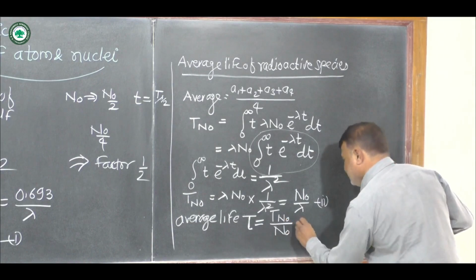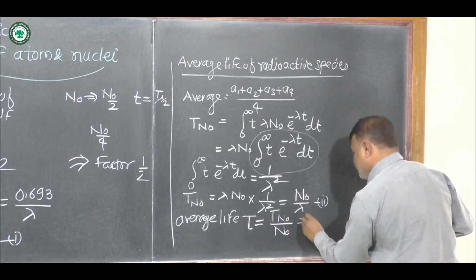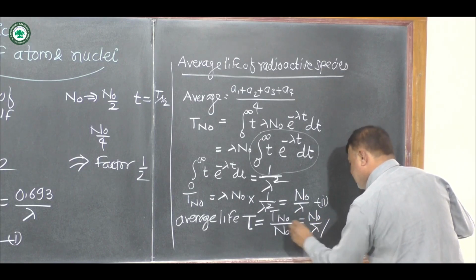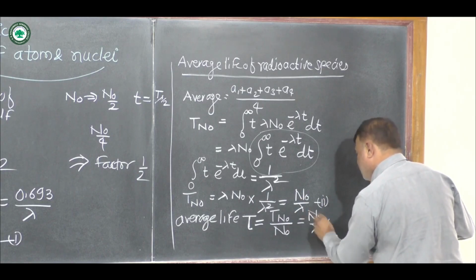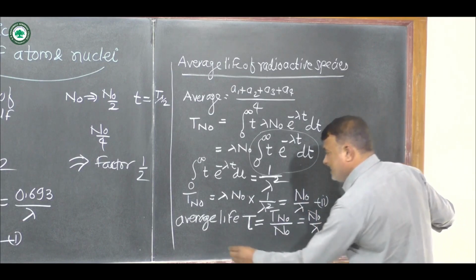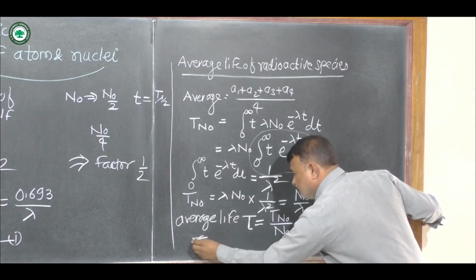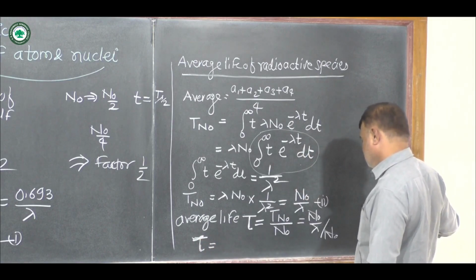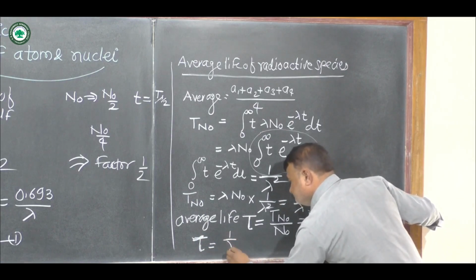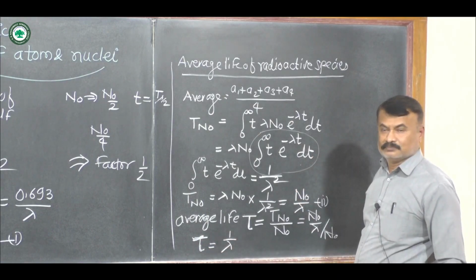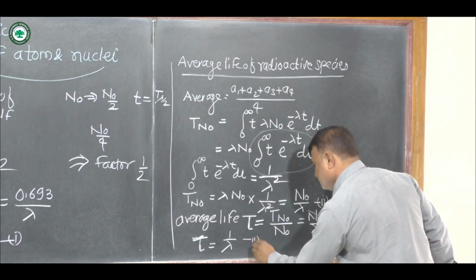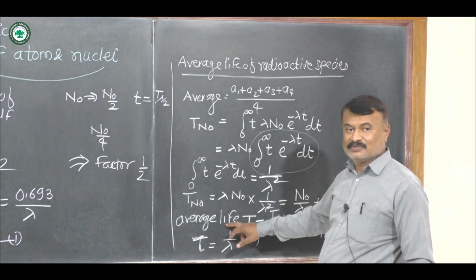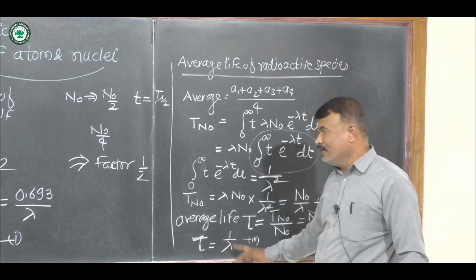In that case T n naught is n naught upon lambda, upon this n naught. So n naught gets cancelled and the average time tau is equal to 1 upon lambda. This is equation 3. This equation 3 gives us the average life, tau equal to 1 upon lambda.